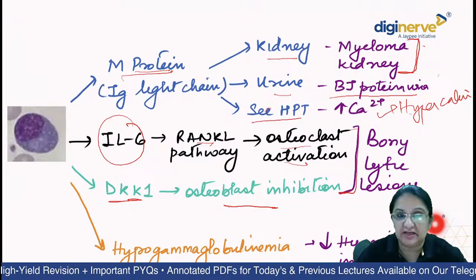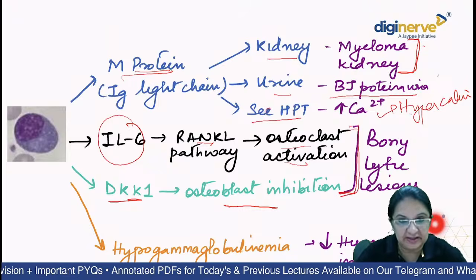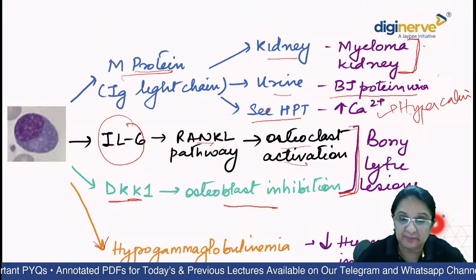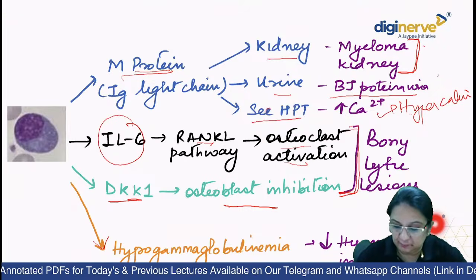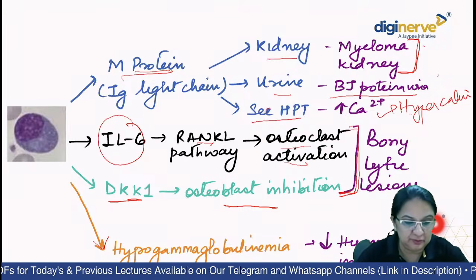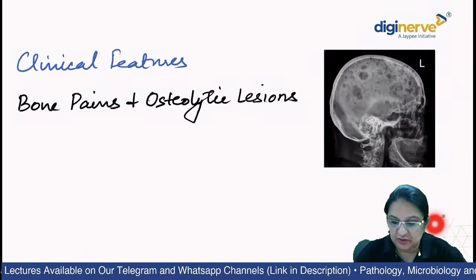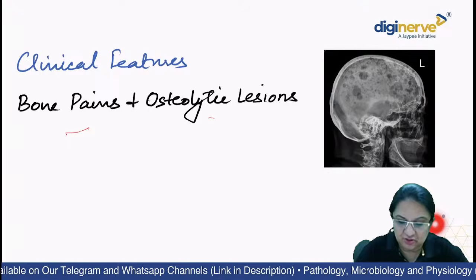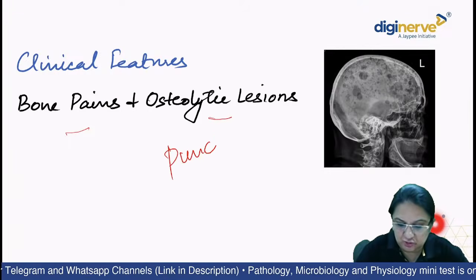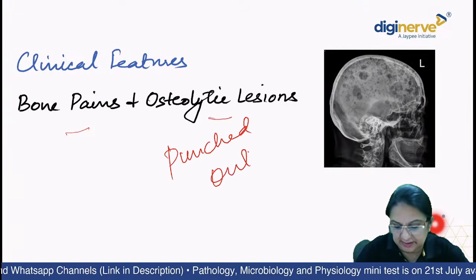IL-6 and DKK1 will lead to bony lytic lesions. Because of hypogammaglobulinemia, there will be reduced humoral immunity. All right. Now, clinical features we all know about: bone pains and osteolytic lesions, basically also called punched out lytic lesions.